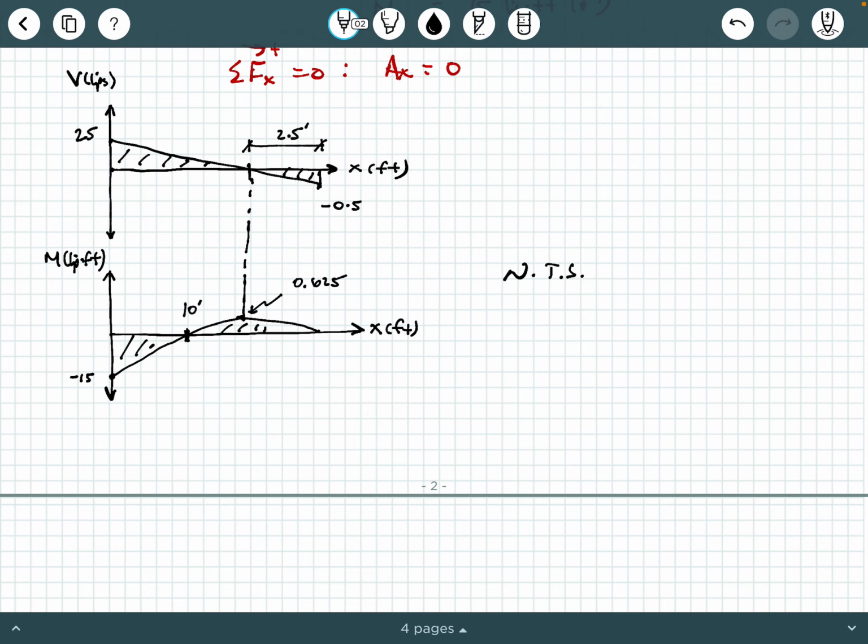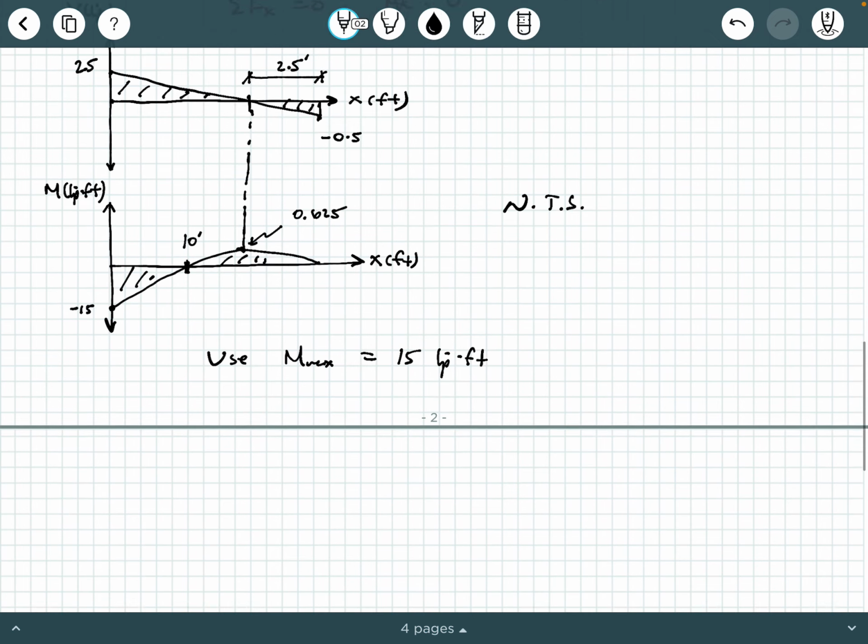If you draw these more to scale, they'll be a little bit more stretched out horizontally, all right? Regardless, the maximum moment we're gonna get here is this negative 15. So we're gonna say use M max is 15 kip feet. So because the problem itself did not specify that we were looking at a maximum positive or negative moment, just take the absolute maximum. The absolute maximum is 15 kip feet.